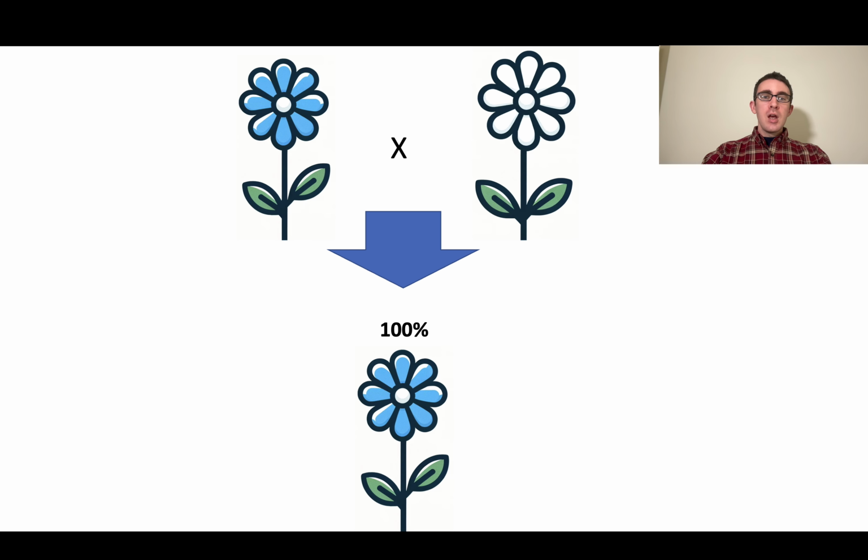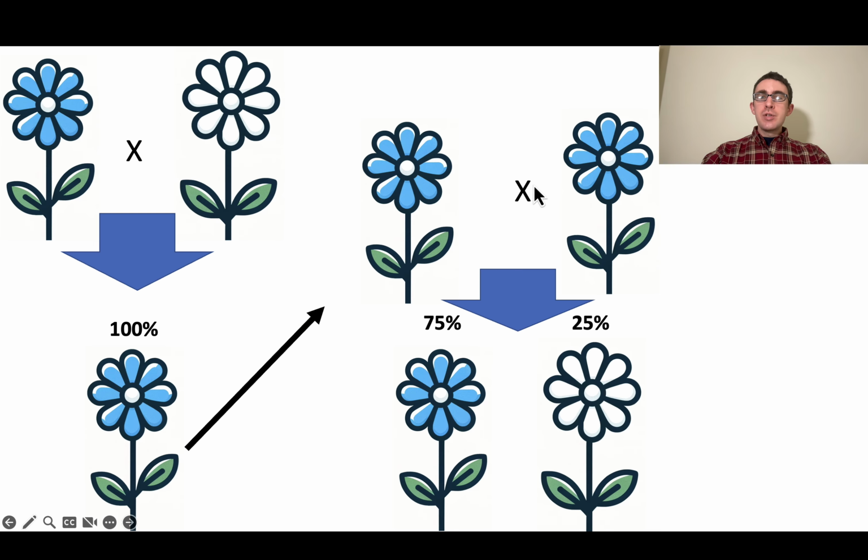Next, you take two of these blue flowers from the resulting generation and cross them. When you do that, in the third generation you get 75% blue flowers and 25% white flowers.